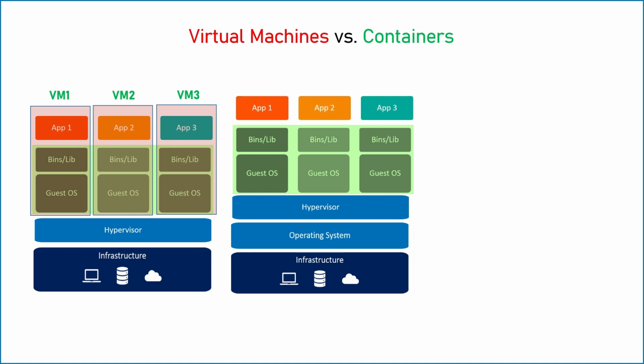Then we install the different applications, and each guest operating system is an independent virtual machine. So in a nutshell, in virtual machine technology we have an underlying infrastructure, and in between we have a hypervisor, which translates the calls from the virtual machines to the infrastructure.